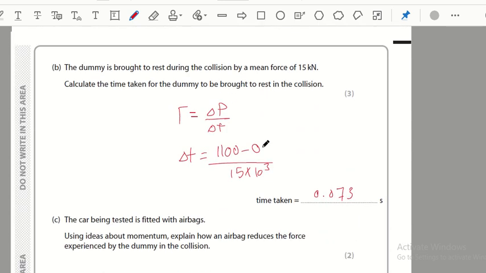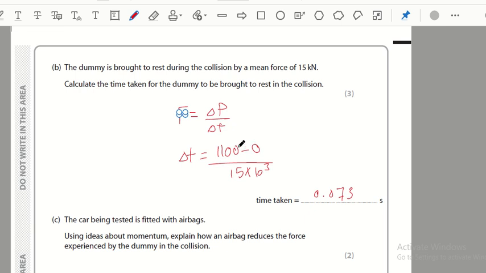Dummy is brought to rest during collision by means of a force of 15 kilonewton. Calculate time for dummy to rest. So we know that force equals change in momentum over change in time. So change in time is equal to change in momentum over force. Its momentum is 1100, and when it rests, velocity equals 0, so momentum, mass times the velocity, would be 0.